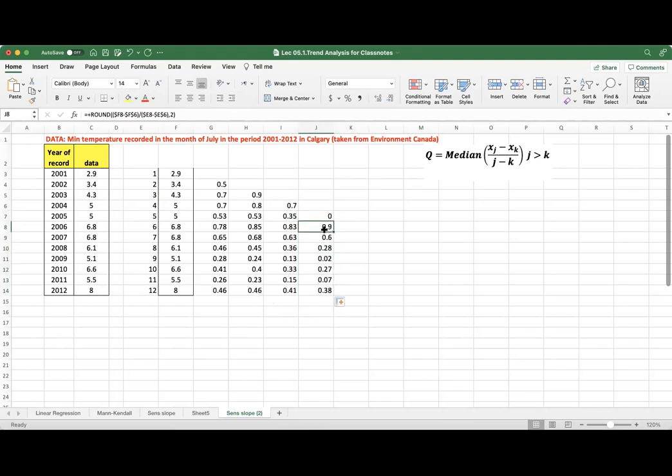Then I go to the next one, which is this, and this is supposed to be the next pair. That means 5 and 6, and 5 will be the base, and compared to 5, we are going to compare up to 12. As that's the case, we are going to change this 6 to 7.